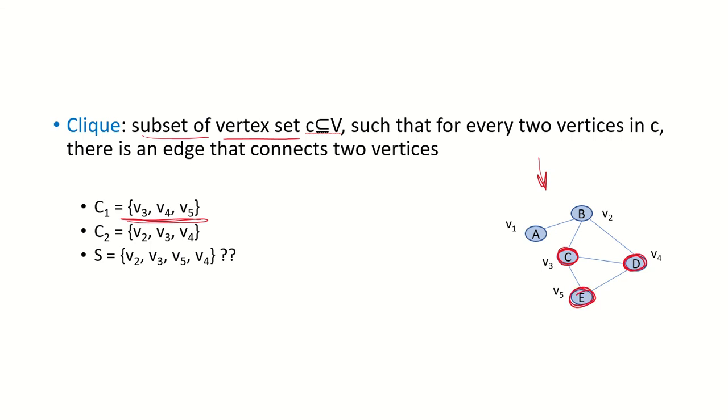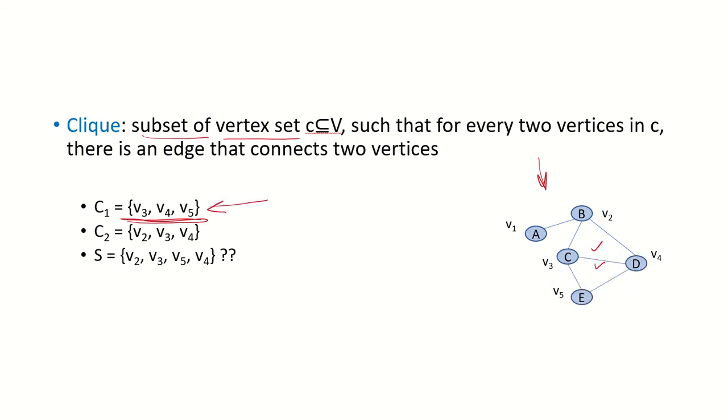If we take this set, we can see that all these vertices are connected with each other. C is connected with D and C is connected with E. D is connected with C and D is connected with E. E is connected with C and E is connected with D. So each pair of vertices in this particular subset is connected.